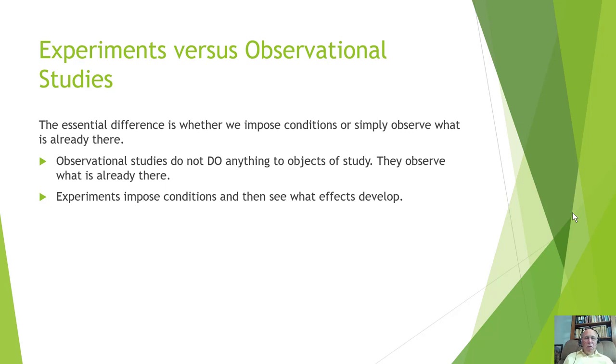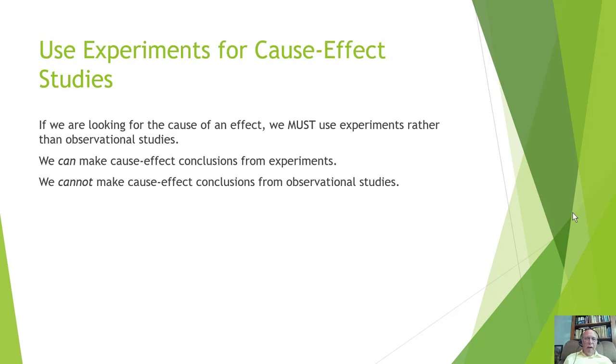So for experiments compared to observational studies, the essential difference is, first of all, whether we impose conditions or simply observe what is already there. Observational studies do not do anything to the objects of study. They observe. Experiments, on the other hand, impose conditions and see what develops as an effect.